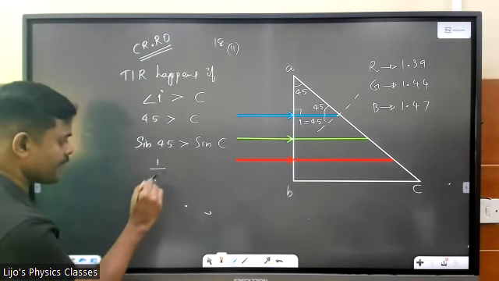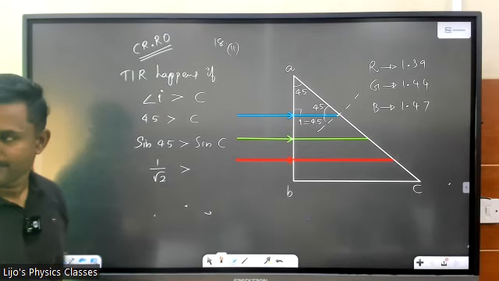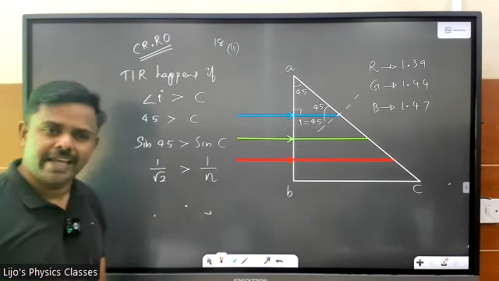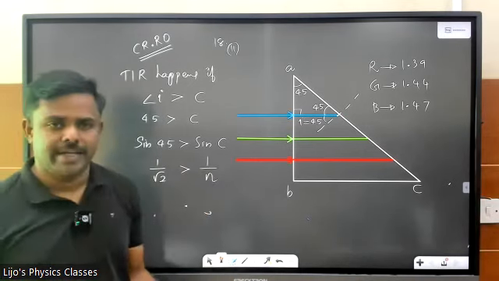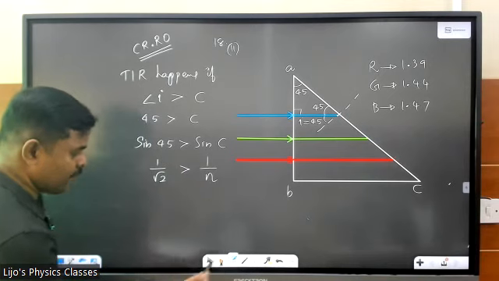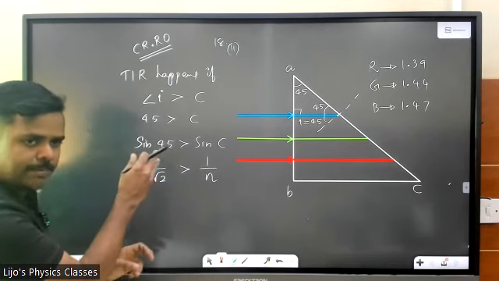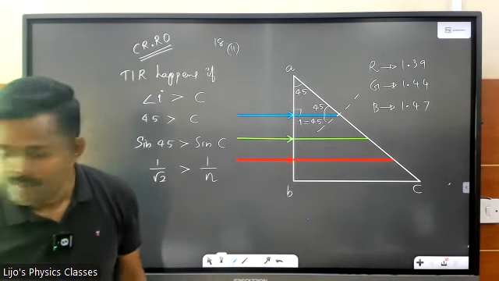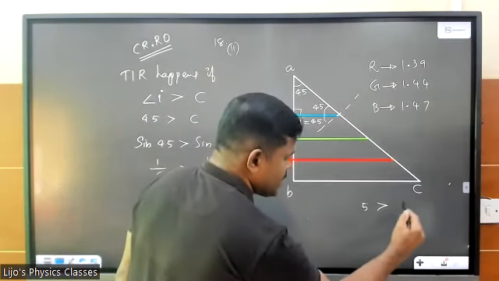Sine 45 is 1 by root 2. The equation for sine C is 1 by n, involving the refractive index. If 1 by root 2 is greater than 1 by n, when you take the reciprocal, you have to reverse the inequality symbol. Look at this: 5 is greater than 2.